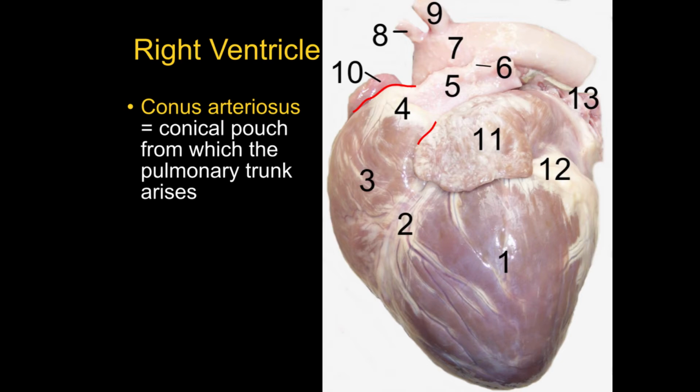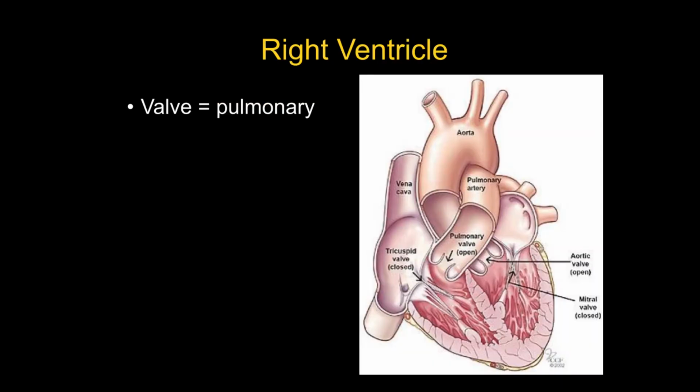So just like the sinus venosus was incorporated into the right atrium, the fetal conus arteriosus has been incorporated into the right ventricle. So the valve between the right ventricle and the pulmonary artery is now called the pulmonary valve, for simplicity.